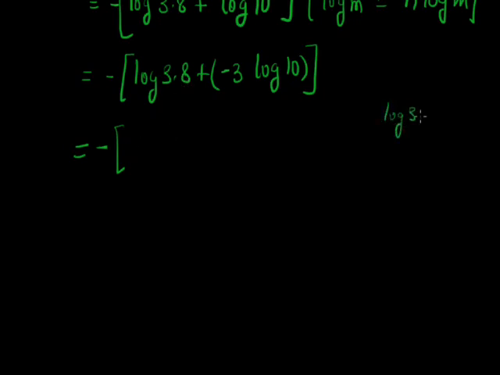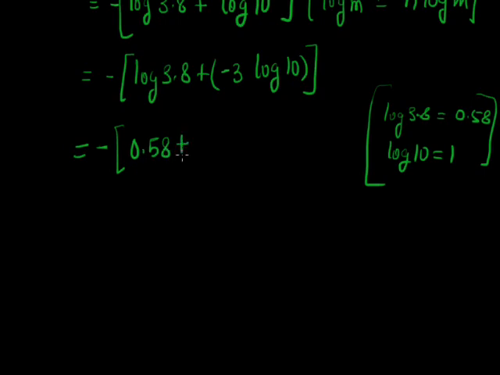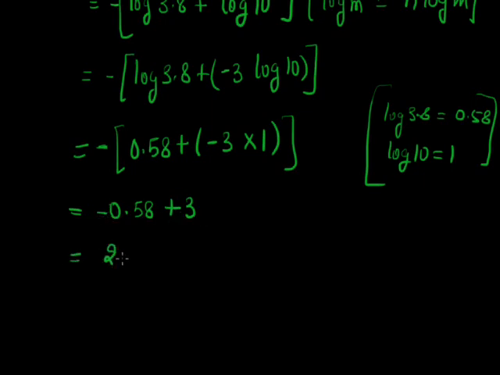The value of log 3.8 is 0.58, and the value of log 10 is 1. Putting both values in this equation, we get 0.58 plus minus 3 into 1. Multiplying the minus into the values, this minus and this minus give a plus value of 3. So we get minus 0.58 plus 3, and the value will be 2.42. This is the value of pH.